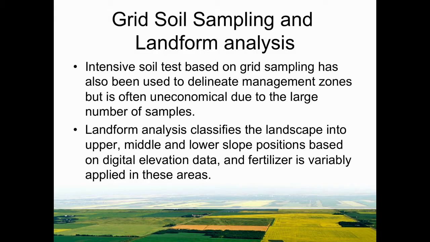Basically, I've already reviewed the intensive soil test and the issues related to the cost of that. Landform analysis, just a little more detail. Often practitioners have divided the field into upper, middle, and lower slope positions based on digital elevation data, somewhat problematic in some cases if you don't have that expertise. The software certainly is becoming more and more available as time progresses.